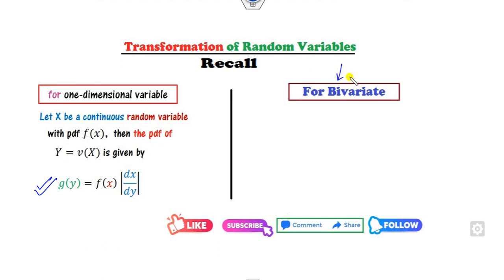However, if you have a two-dimensional random variable, like if x and y follow a certain distribution, then how you can find the distribution of u which is x plus y, or the distribution of x minus y, or the distribution of 2x plus y and so on.